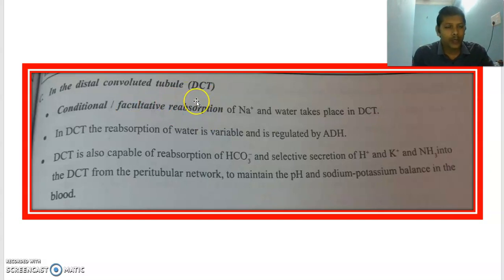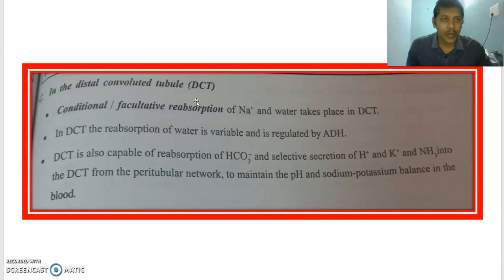There are two types of reabsorption: conditional reabsorption and facultative reabsorption. Conditional reabsorption means it depends on the conditions. The reabsorption occurs depending on the conditions present in our body. For example, if you take more water into your body, the conditions in your blood change.